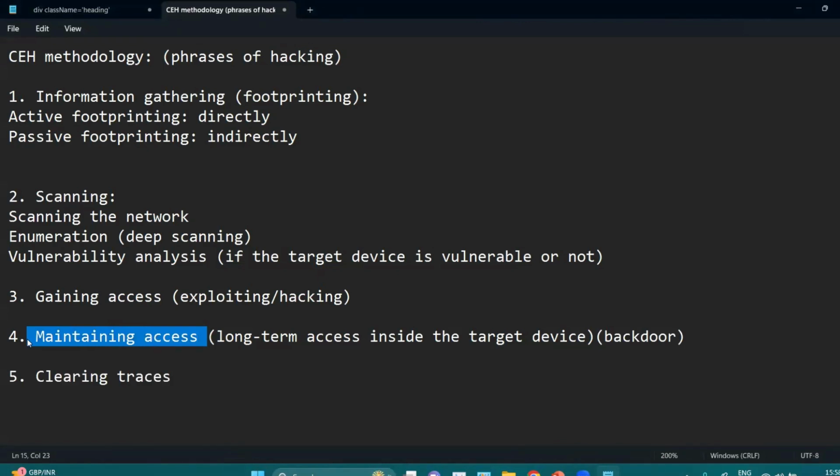You want to hack my system only once, so you will just take something from my system and you can go. But if you want to create a long-term access in my system, then you will do this step, which is maintaining the long-term access. So this maintaining access depends on the motive of hacking, like why you are hacking the target machine.